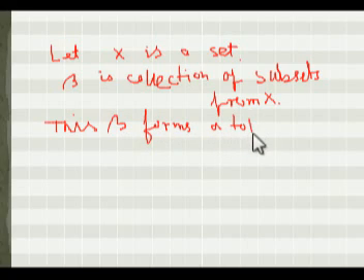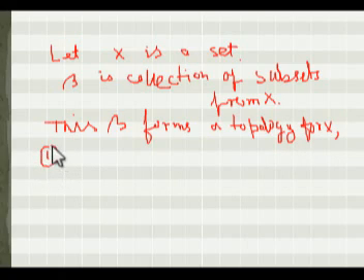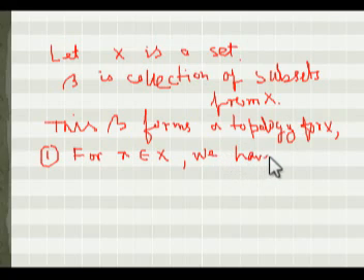for X if we have two axioms satisfied. First is, for each point or each element x belonging to X, we have a basis element.